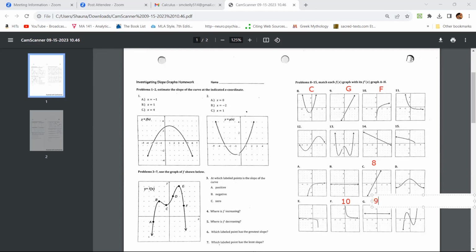I know there are so many of them. We haven't done 11. 12, remember, we had two horizontal tangent lines. So that was D.